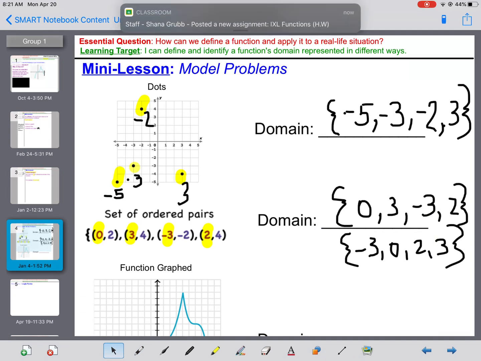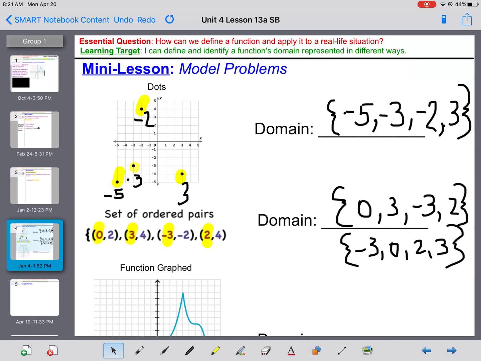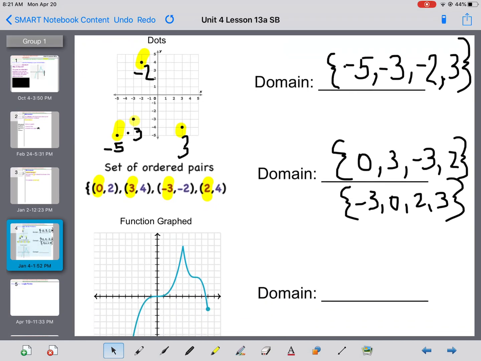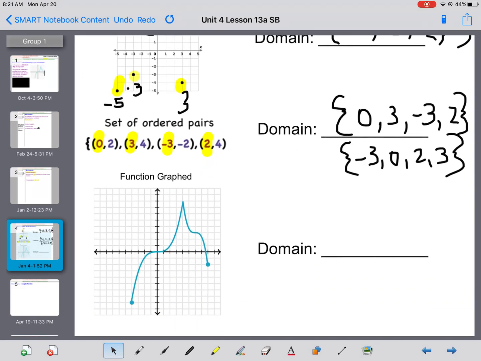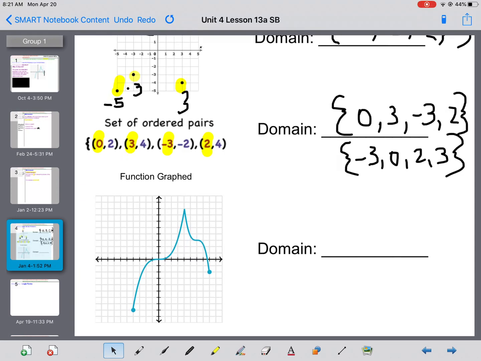Okay, so if we were to scroll down to a function that is graphed, right here we see a graph that is exactly what the brain starter was.